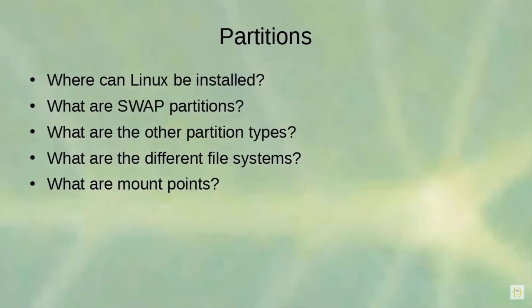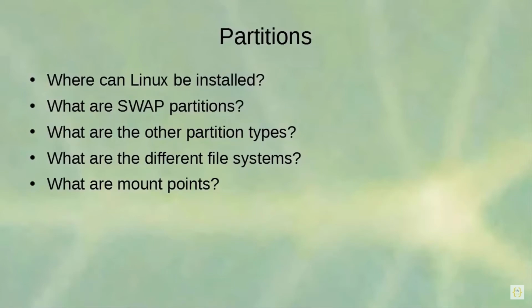Once you have a partition, you need to install a file system into that partition, and there are different file systems. Linux came from the Minix world, and so you have the Minix file system, and then you have expansions. The first extension of Minix was ext2, and then you have ext3 and ext4.